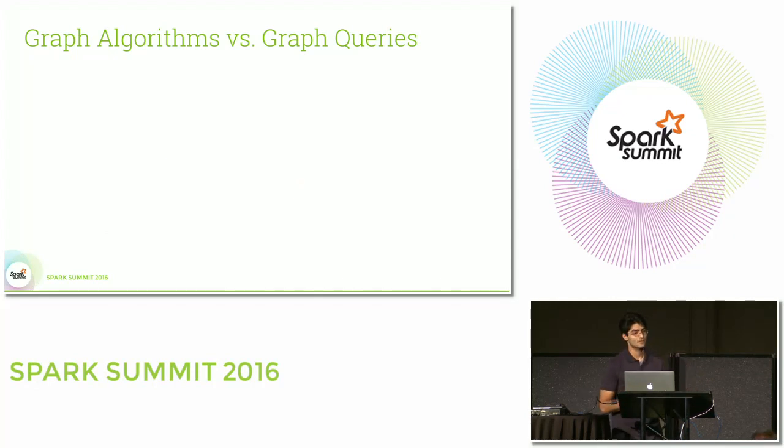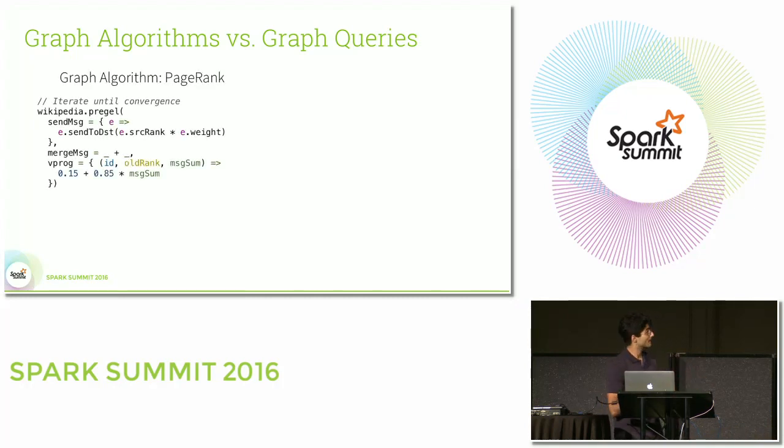Now, here's an example of what each of these looks like in code. First, here's how to express the PageRank message passing algorithm in GraphX. You can see that you pass a vertex program that runs on each vertex, and also one that merges messages and applies the message sums to the destination vertex.